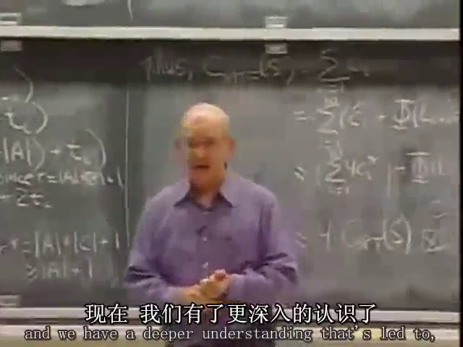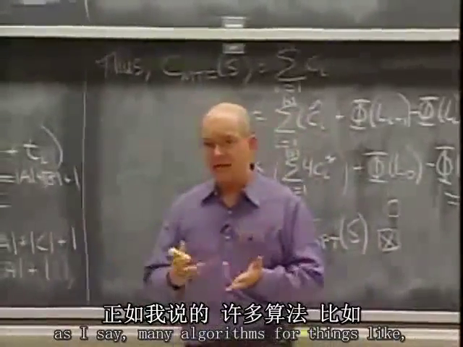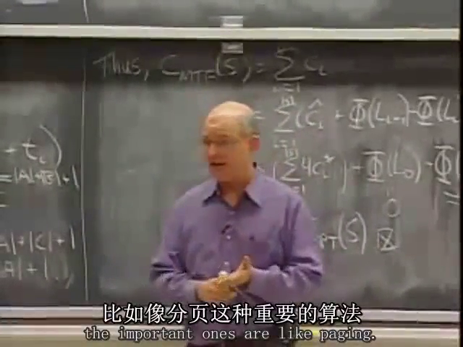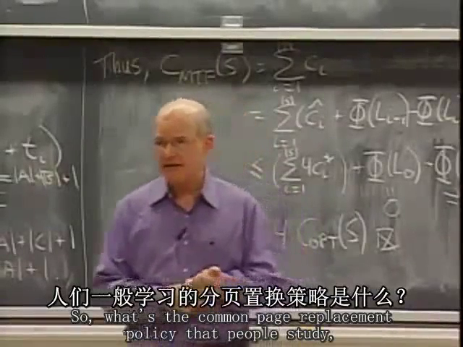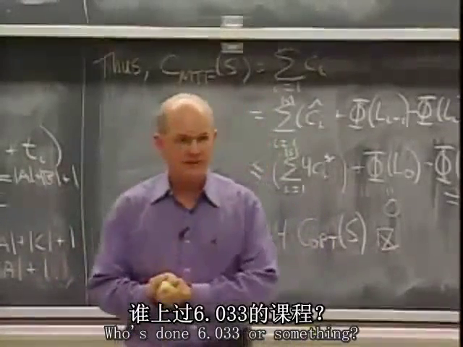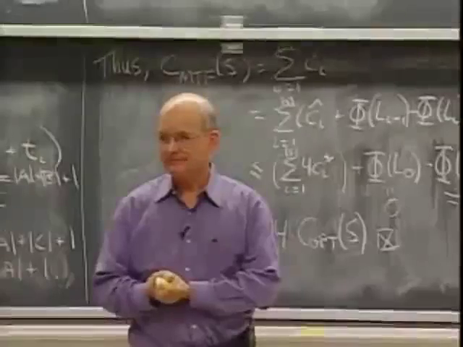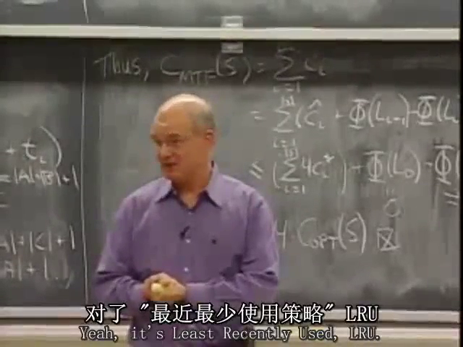And we have a deeper understanding that's led to many algorithms for important things like paging. So what's the common page replacement policy that people study in most operating systems? Who's done 6033? Yeah, it's least recently used, LRU.